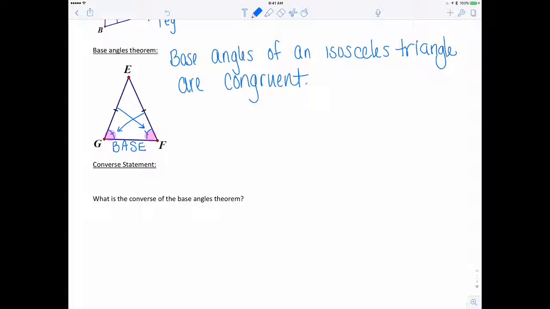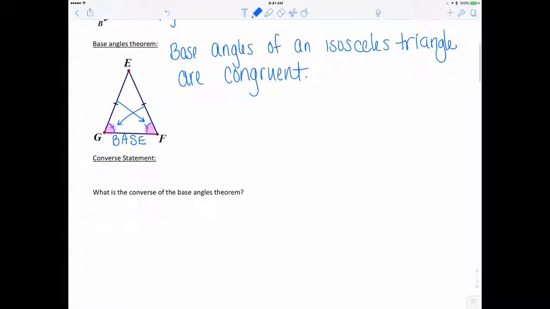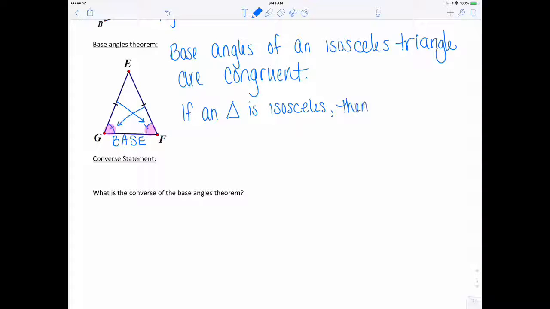Base angles are congruent. Okay, we are going to look at what's called a converse statement next. A converse statement is, let's say you have a statement that is formed by if and then. So I could rewrite the theorem we just wrote as an if-then statement. If a triangle is isosceles, then the base angles are congruent.